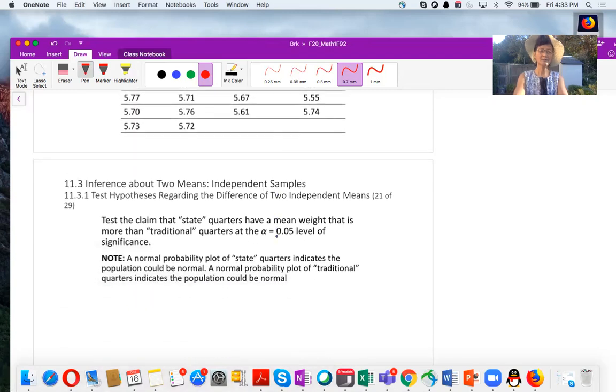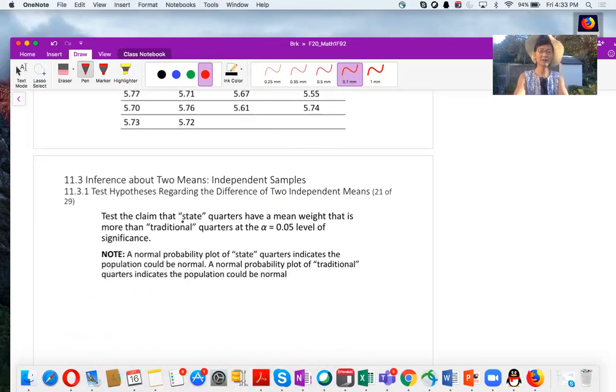So you want to test the claim that the state quarters have a mean weight that is more, which means H1 has a greater sign. You want to test H1 greater, so mu1 greater than mu2. Remember H0 always has equal, mu1 equal to mu2.